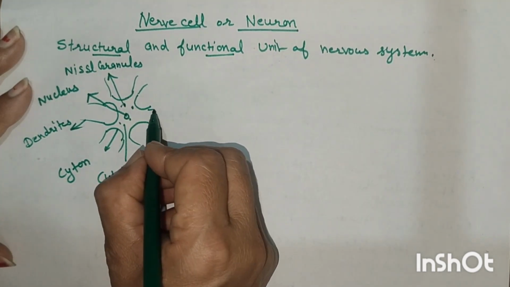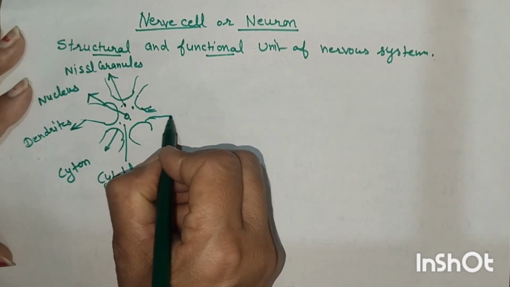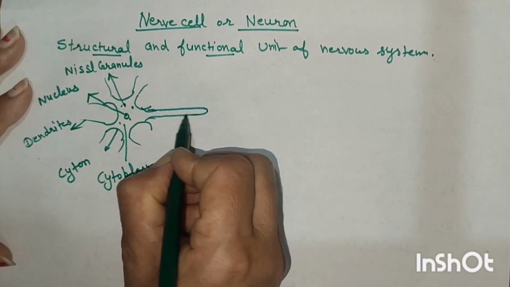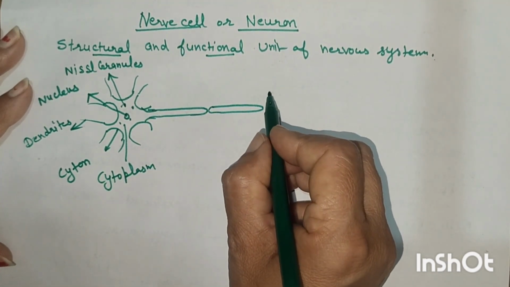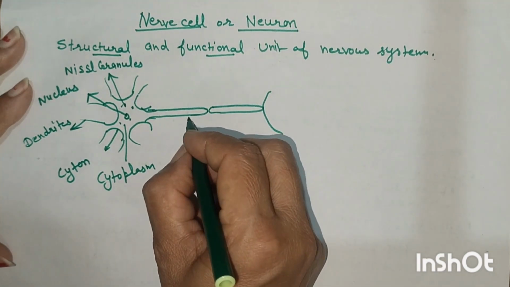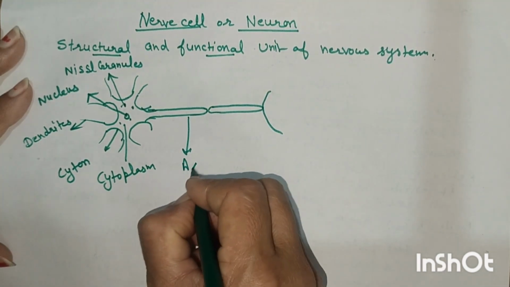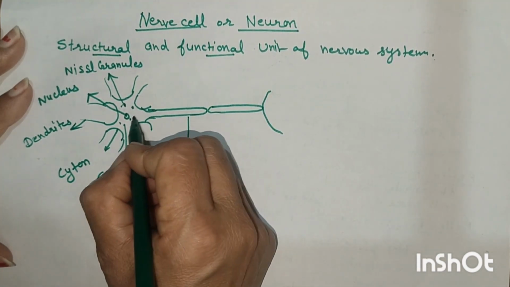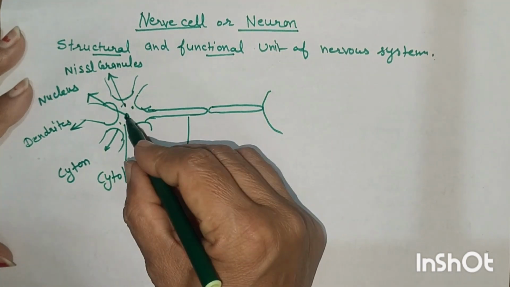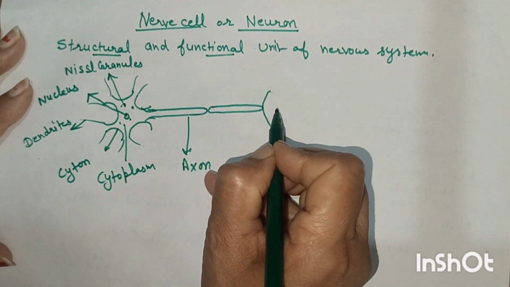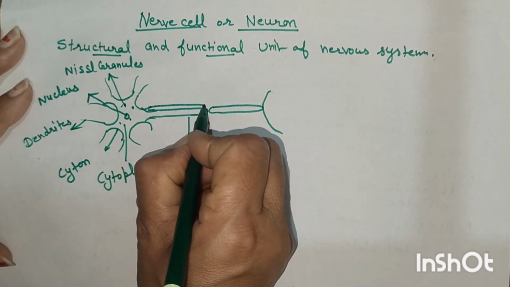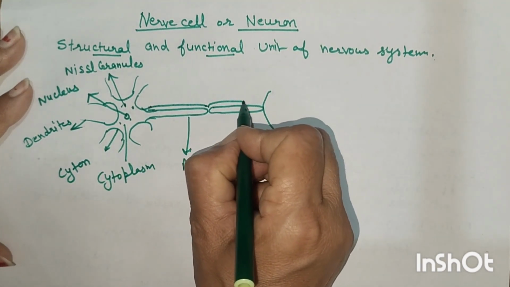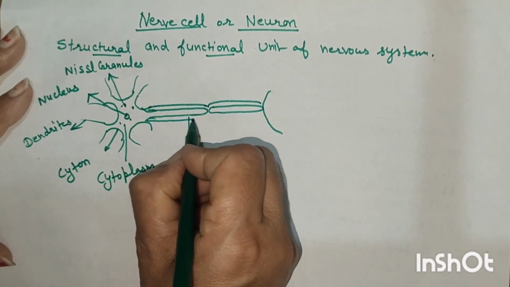Here is a long elongated structure that is called axon. It transmits the impulse from dendrite or cyton to the nerve ending, to the next nerve cell. It is covered with a sheath.